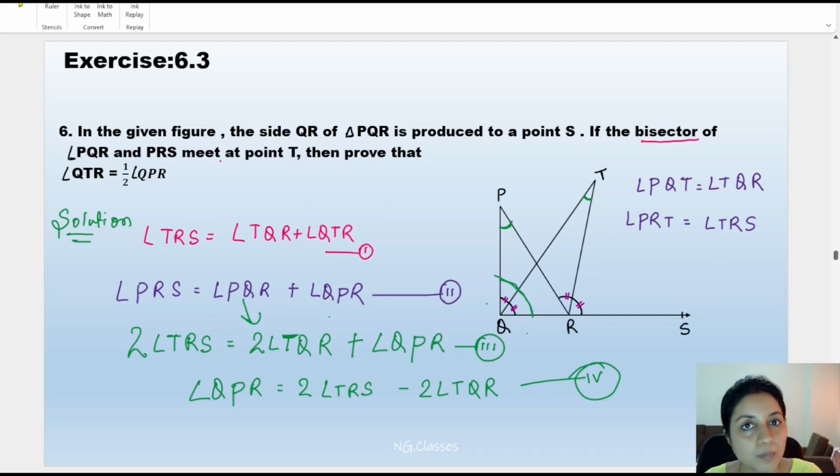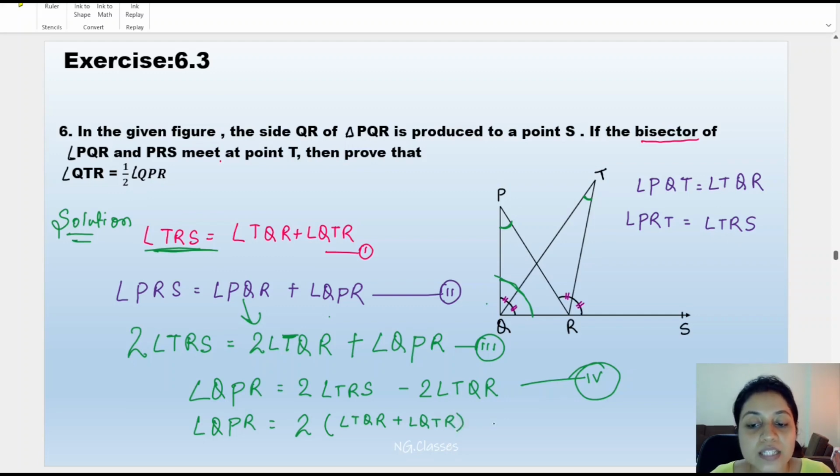Now from equation number 1, if we will substitute angle TRS in equation number 4, then let's see what we will get. So angle QPR is equals to twice of angle TRS, and in equation number 1 angle TRS is equals to angle TQR plus QTR. Let's write it. It's angle TQR plus angle QTR, all right, minus twice of angle TQR. Now let's apply the distributive property and open the bracket.